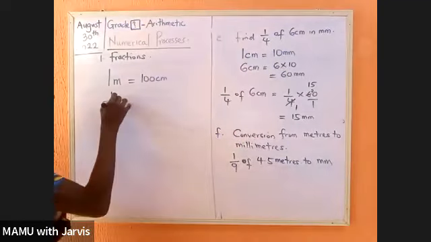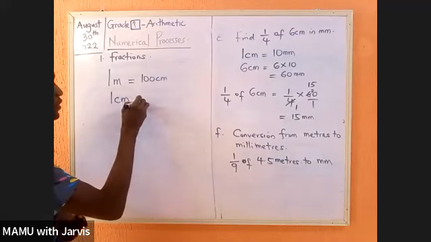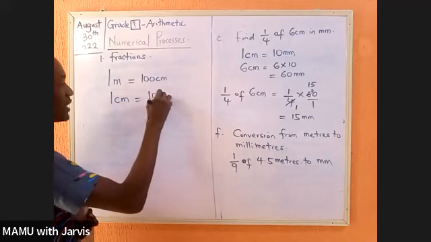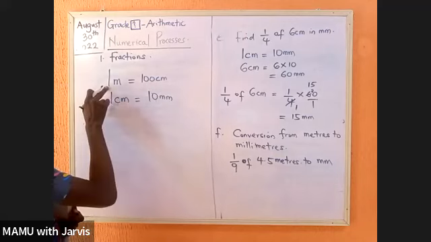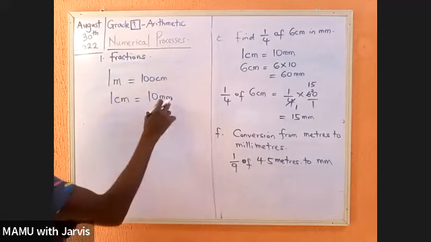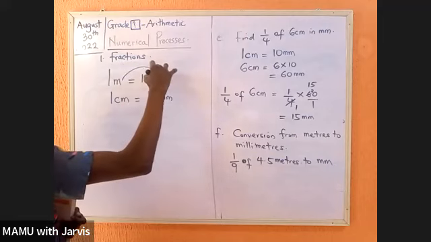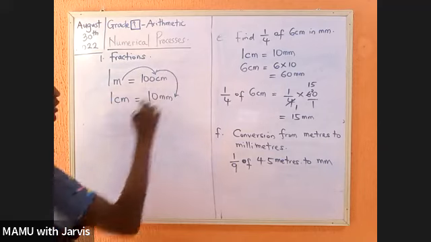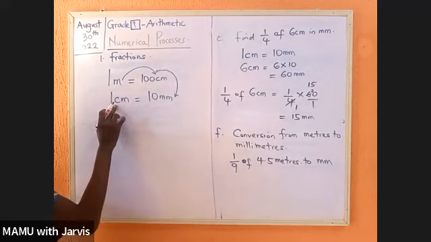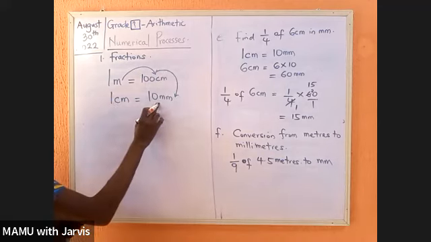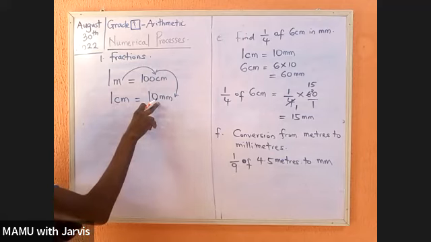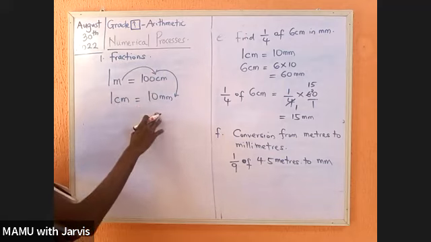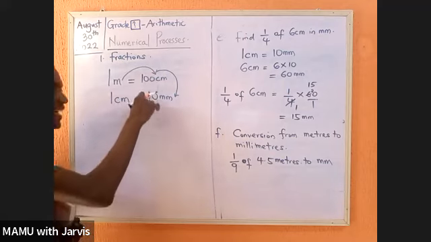We also know that 1 cm is equal to what? 10 millimeters. So how do I move from here to here? If I'm going to go to here, I will come here first. And then I will now try to come here. So now look at it. If 1 cm is 10 millimeters, how many millimeters will there be in 100 centimeters? It will be 10 times this.